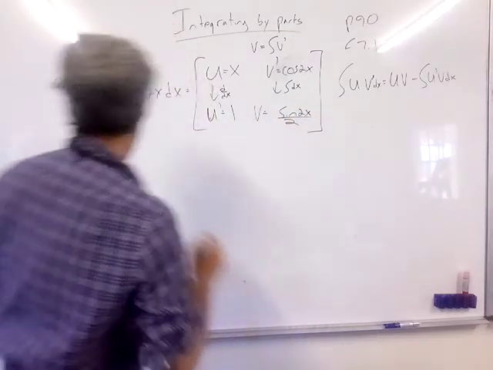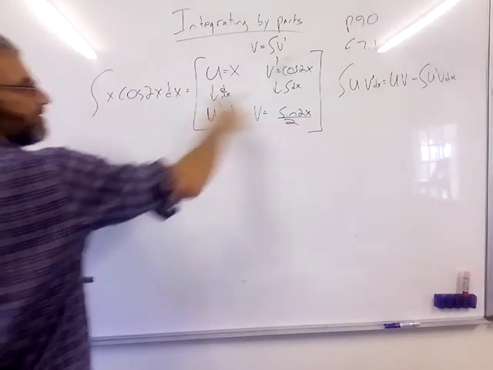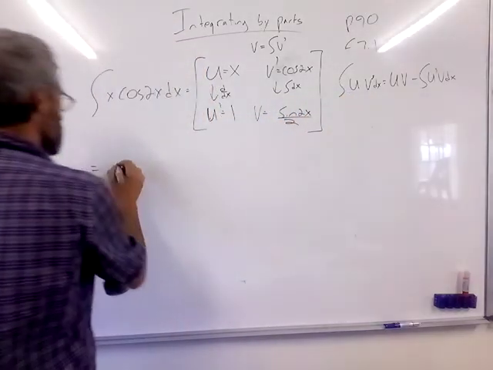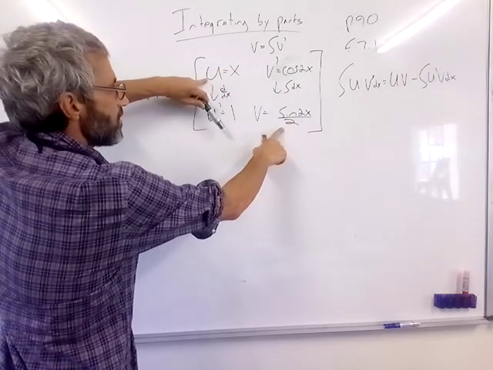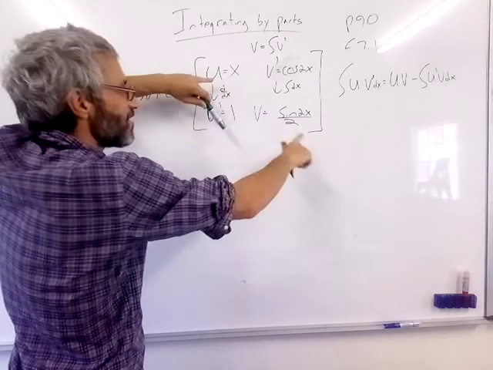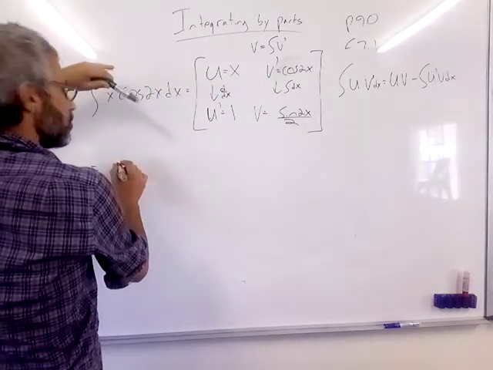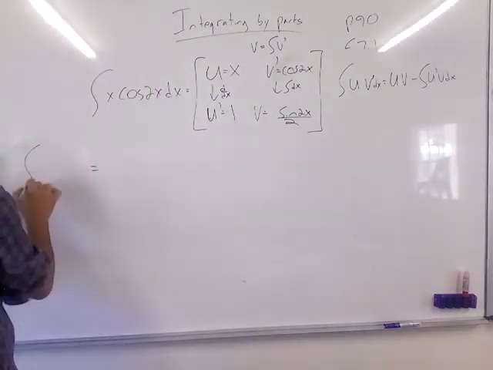And now I'm just using this law. So I know that the integral of u v prime will be equal to u times v. What is u times v? That's u and that's v. It's always diagonal if you draw it like that. So I'll write the whole thing again if you don't mind.